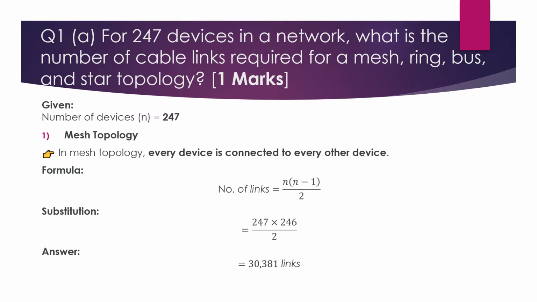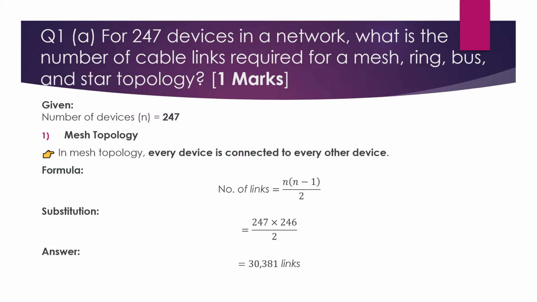What is the formula for the number of links? That is also n, same as ring topology. So the answer for the number of links in the star topology is 247 links. I am providing the exact format you have to write in the exam. Let us go to the next sub part of the question.